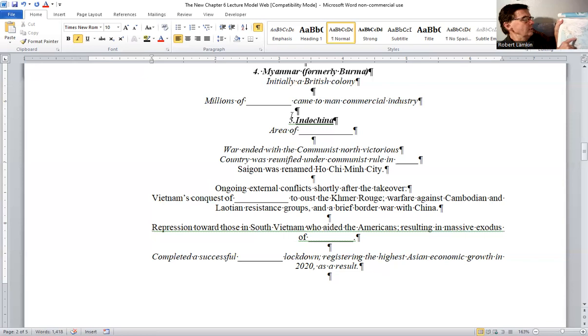It's in purple in your books. Bangkok is the capital, and it stretches pretty far north to south, and it kind of runs into Malaysia, which we just talked about in the pink there. Thailand is the only country in the region that did not become a European colony.